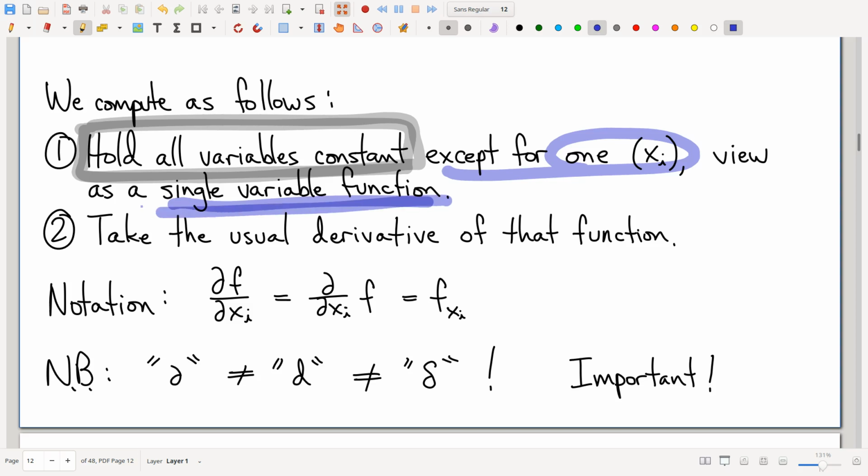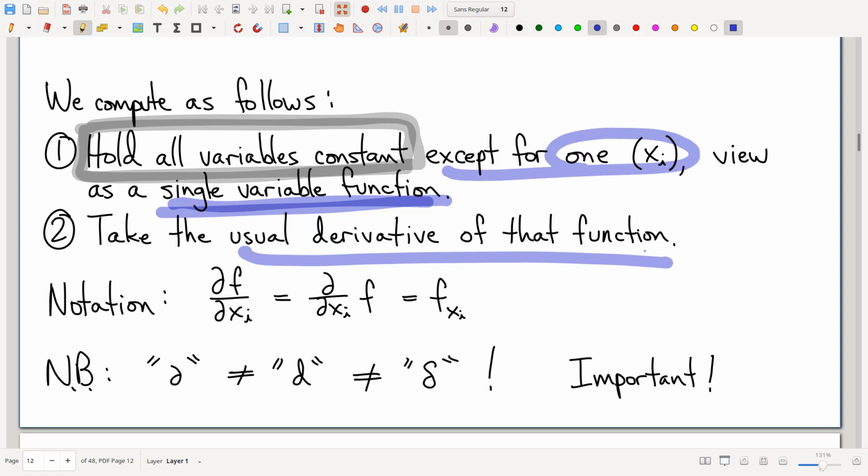So this idea of fixing all the variables except for one turns a multivariable function in effect into a single variable function, and then we just take the good old regular plain old derivative, single variable derivative of that single variable function. So this is how we compute partial derivatives.